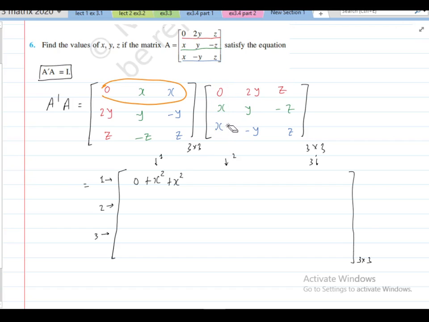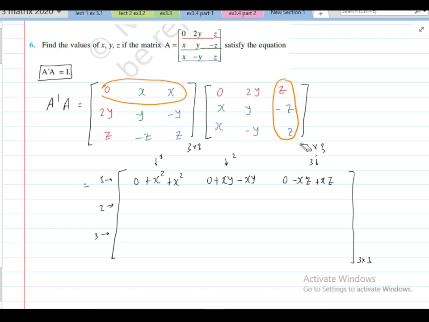Okay, our second element, first row and second column: 0 into 0 is 0, then xy minus xy. First row, third column: 0 into z is 0, then plus minus xy, minus xz and plus xz.